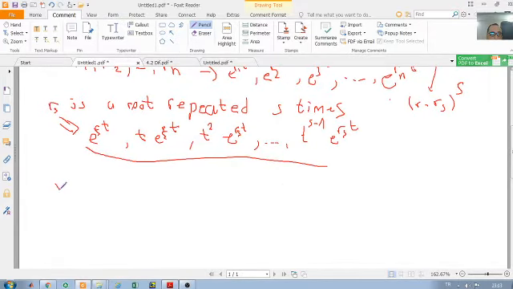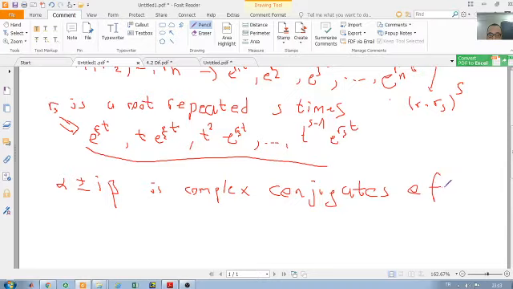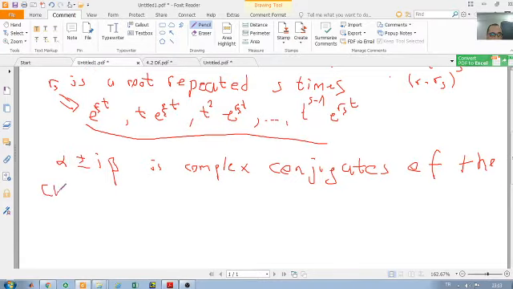For example, alpha plus minus i beta are complex conjugate roots of the characteristic equation, so the corresponding special solutions will be e to the power alpha t times cosine beta t, and e to the power alpha t times sine beta t.